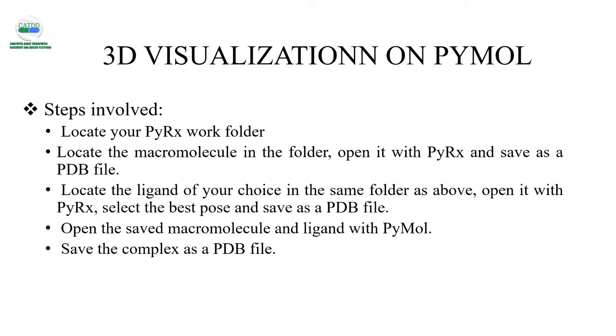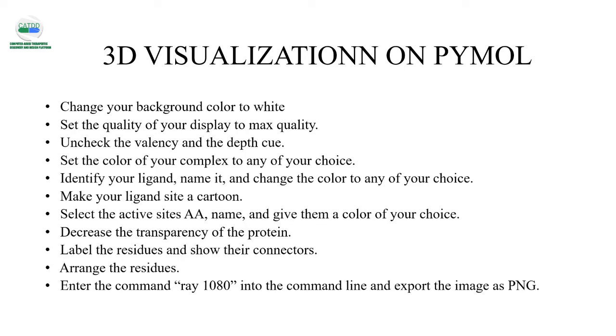Then you open both the macromolecule and the ligand on PyMol. You open the macromolecule first, and after that you open the ligand together with it. Then you save the complex as a PDB file as well. So now moving on to the main part. These are the processes that are involved in 3D visualization on PyMol.